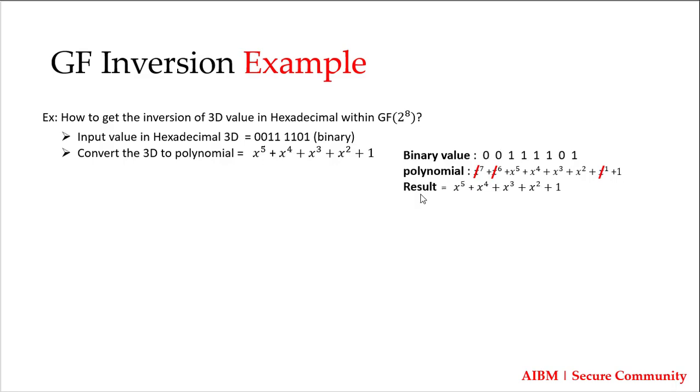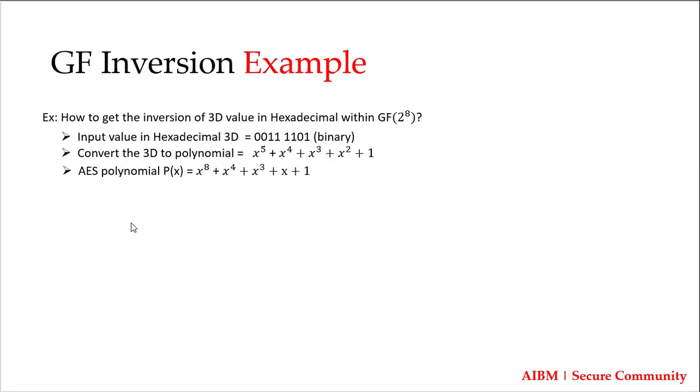So x^7 equals 0 in binary, x^6 also equals 0, and x^1 also equals 0. The result will be x^5 + x^4 + x^3 + x + 1, and this is the polynomial of the 3D hexadecimal value.